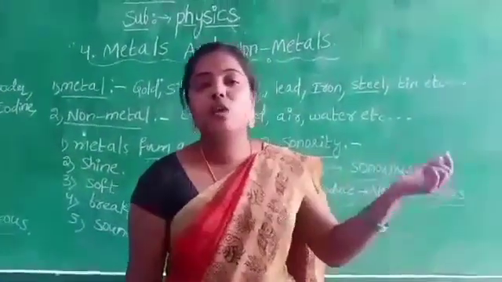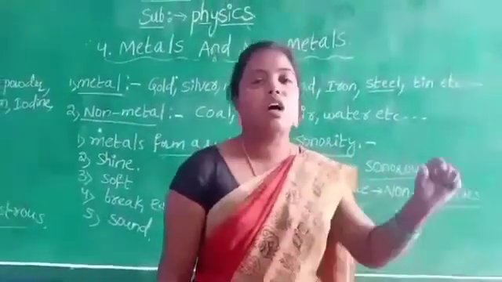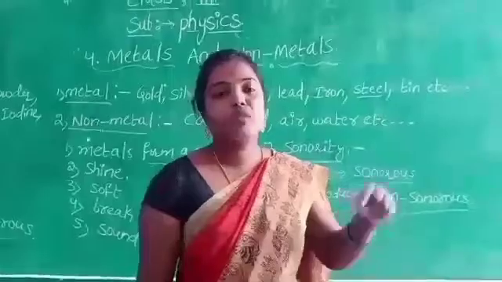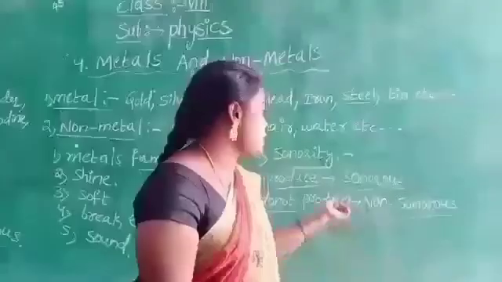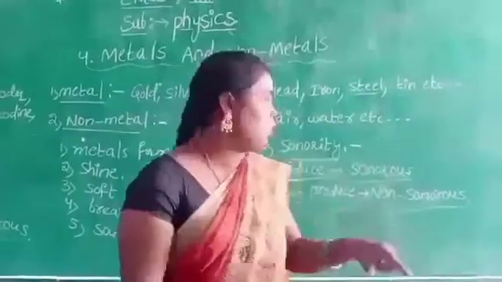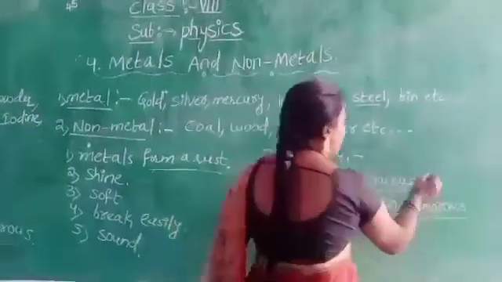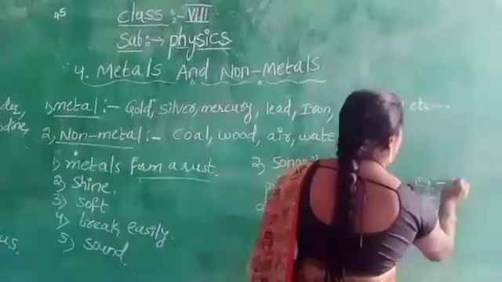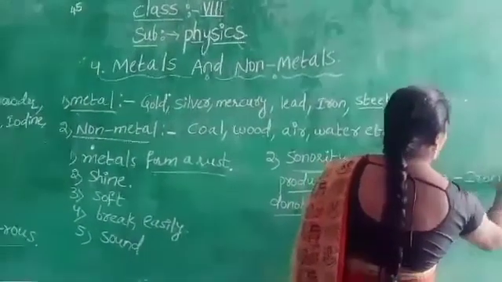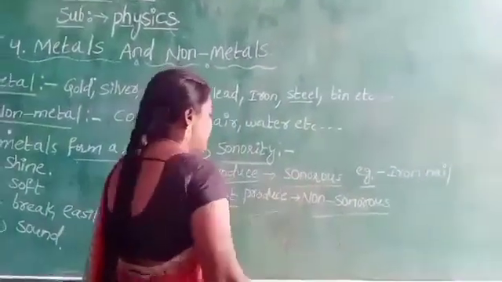And they collected coal and beat the coal with the help of a stone or hammer. If a material produces sound, that is sonorous. But coal does not produce sound. That is why coal is a non-sonorous material. What is an example of a sonorous material? Iron nail. Okay, children, an iron nail is an example of a sonorous material.